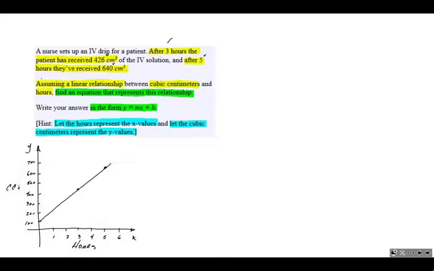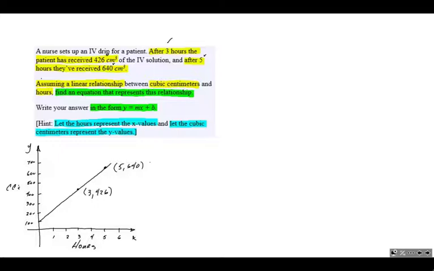We've got one that can be represented by its x and y values in order, an ordered pair. The x value of this point is 5, and the y value is 640. And the x value of the other point is 3, and the y value is 426.